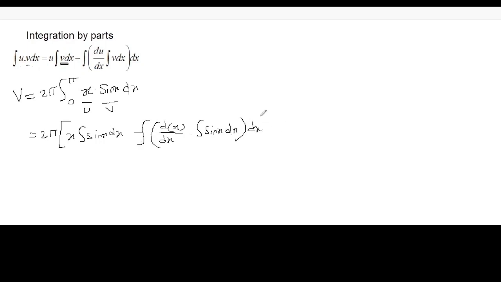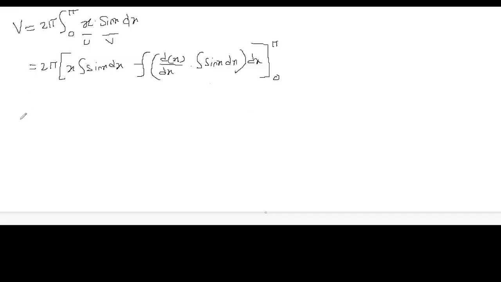Rather than taking the limit individually, we can take the limit for the entire function together. So after doing the integrations, we get 2 pi, x into the integration of sin x, which is minus cos x, minus the integral of the differentiation of x, which is 1, into the integration of sin x, which is minus cos x, dx, and the limit is 0 to pi.